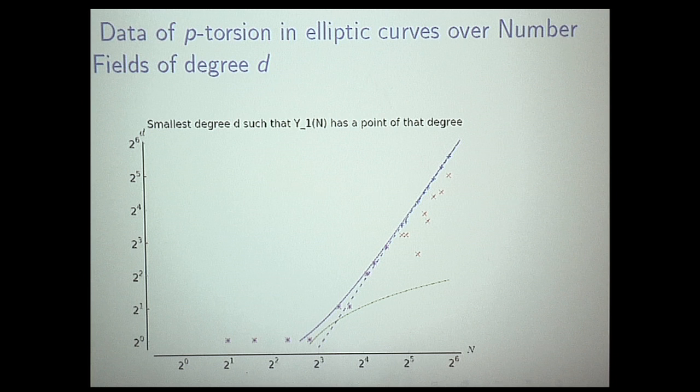I am colorblind, by the way, but not that colorblind. Okay, the green curve. Okay, that's the upper bound. And the blue is the lower bound. And so every x is a data point. And here are the data points. Now, the red x's are really interesting. You'll see why in a sec.